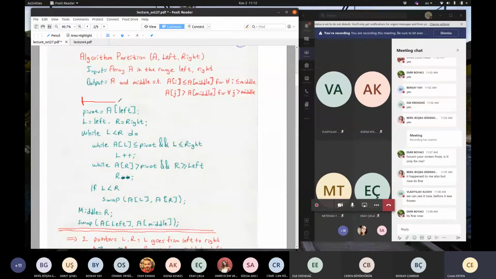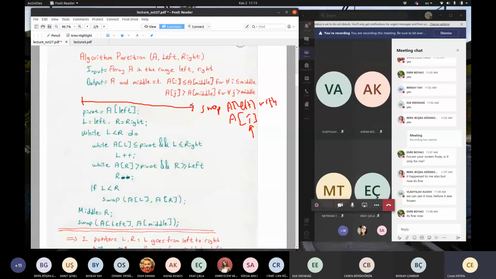Right in here, right before we start our partition, we will do a swap of A[left], basically the leftmost element, with a random element in the array, with a random index. This is all the change that we will do to our main quicksort algorithm.